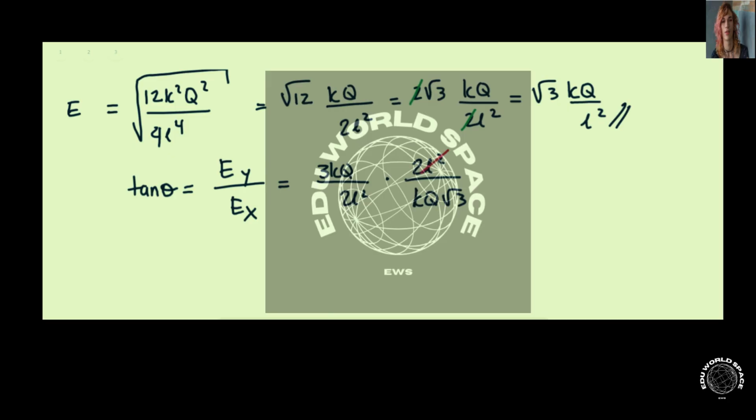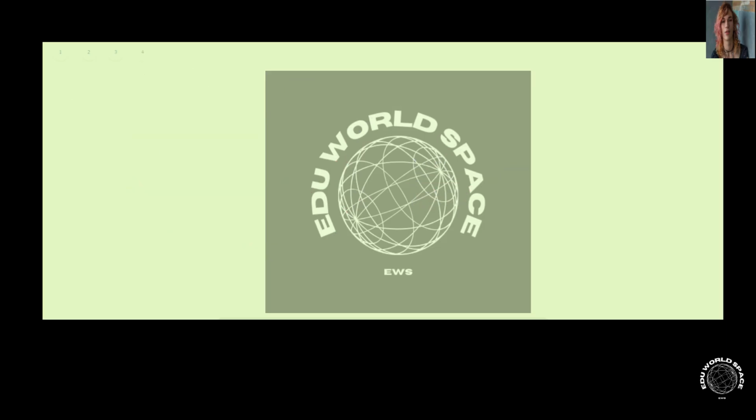Now, the 2L squareds are going to go away. kq, square root of 3, I have square root of 3 left, right? So the inverse tangent of square root of 3 is going to give me my angle, which happens to be 240 degrees.